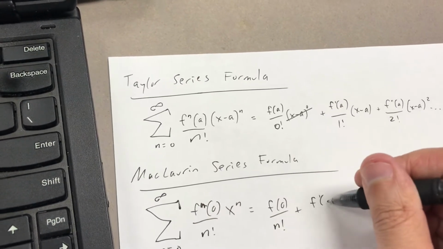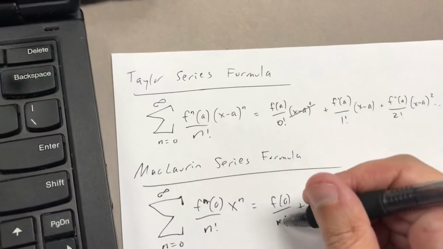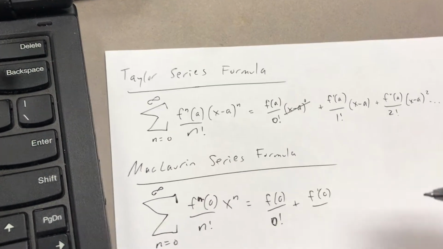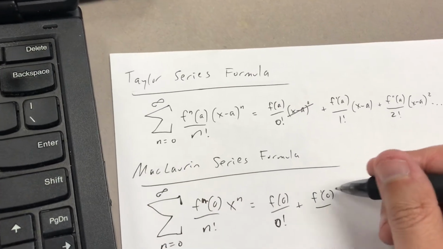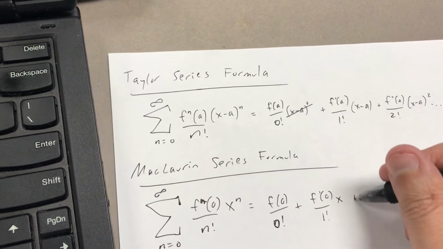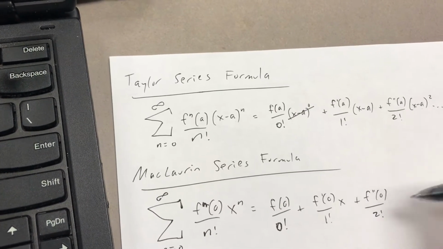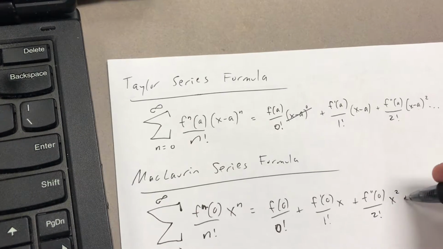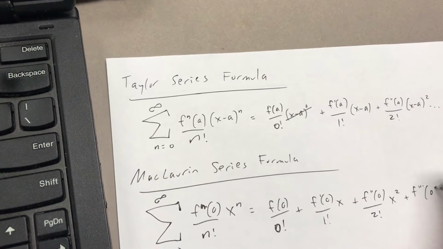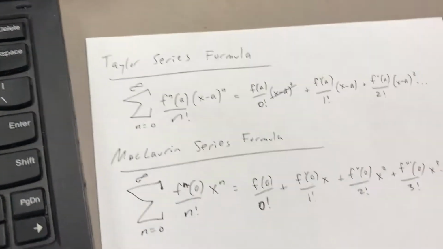Plus the first derivative at 0 divided by 1 factorial times x to the first, plus the second derivative at 0 over 2 factorial times x squared, plus the third derivative at 0 over 3 factorial times x cubed, and so on.